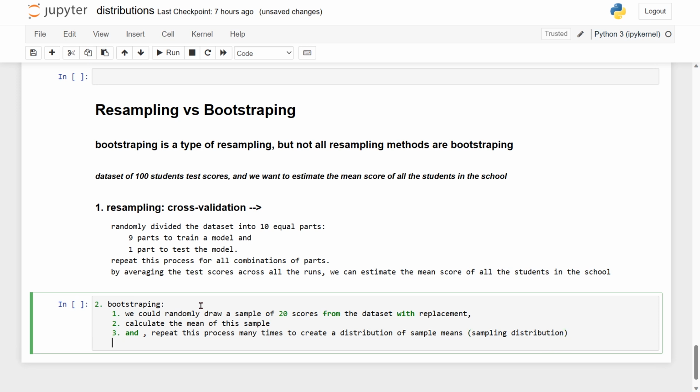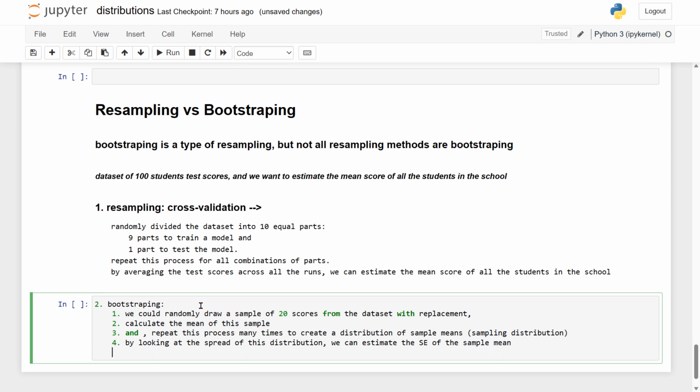Then, by looking at the spread of this distribution, we can estimate the standard error (SE) of the sample mean.